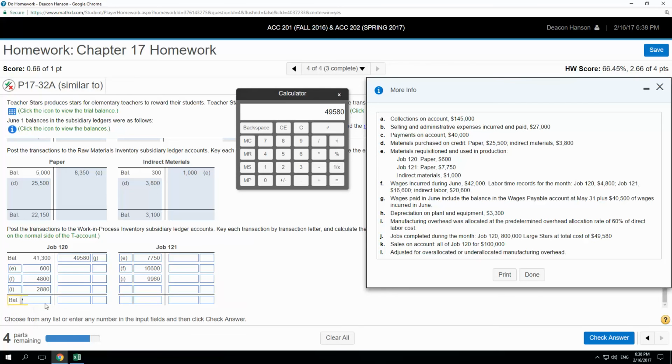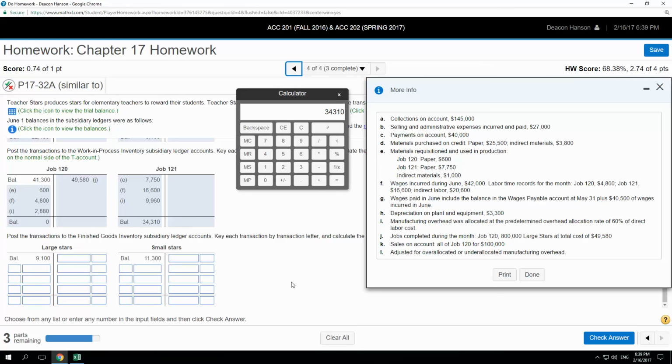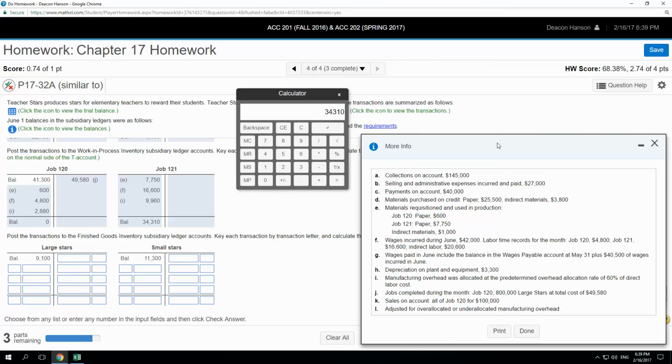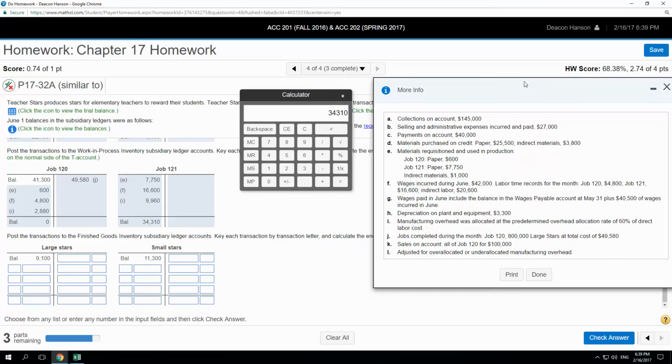So the balance is going to be 0. Job 121 is still in process. So we can add up the amounts in the debit column. $34,310. Now we've got to figure out this thing about stars, right? We're going to think now.